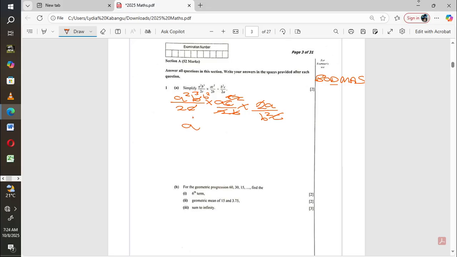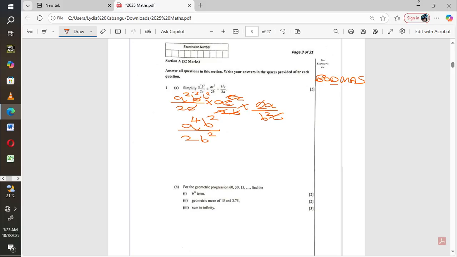So we're going to have a raised to power 4 from the top. Apart from a, what else do we have? We have our b squared. Then over, we have 2. So we multiply 2 by b squared, and we're going to have 2b squared.